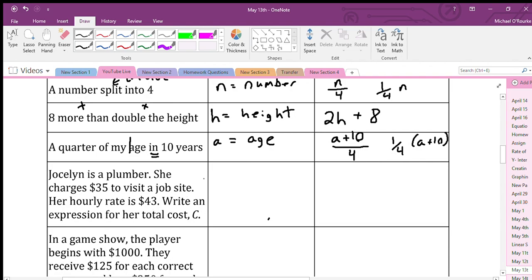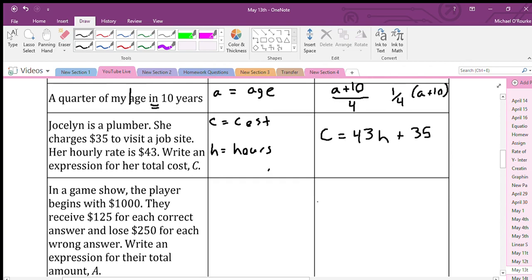Well, C equals cost, and H equals hours. So the cost equals $43 an hour, plus her visit fee, which is 35. And you should all recognize that as a linear equation.